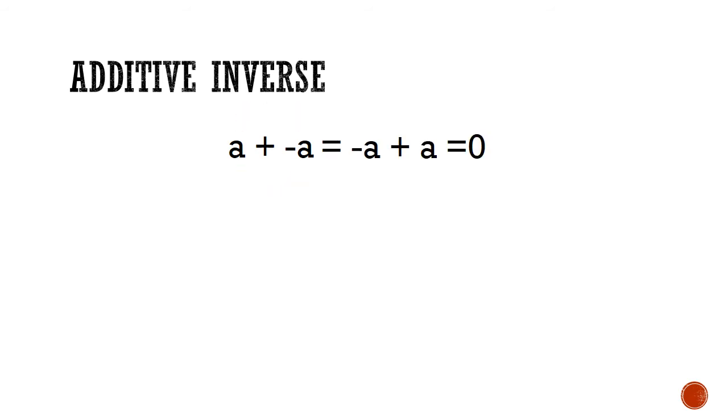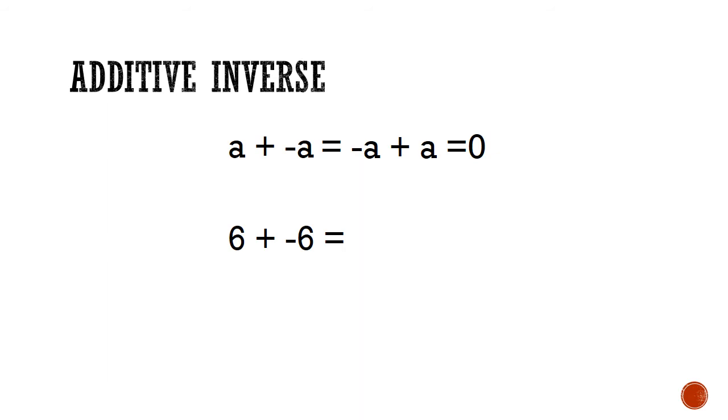You get the answer 0. A plus minus a same as minus a plus a, both are equal to 0. So you can say a is the additive inverse of minus a and minus a is the additive inverse of a. Is it clear?